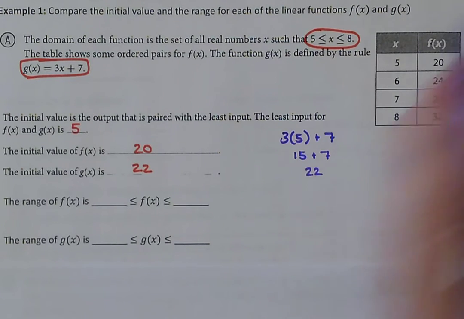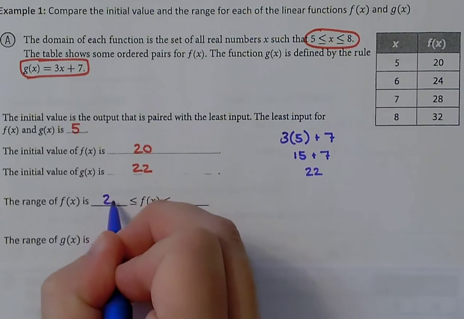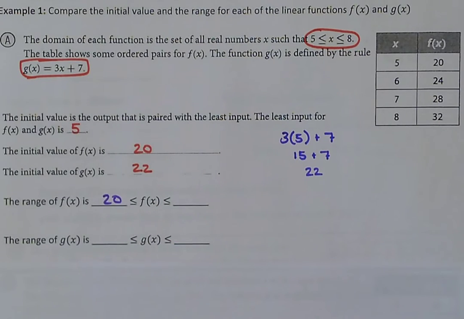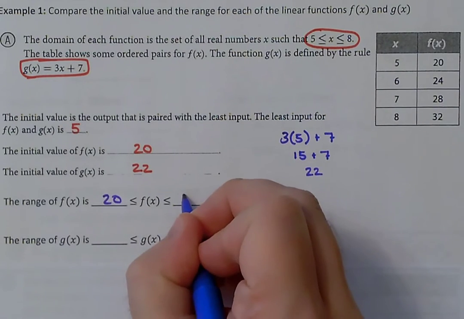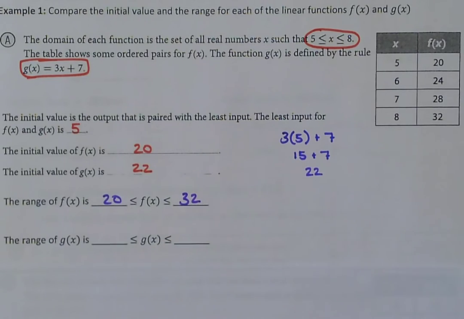So I take my initial value, my smallest number, that's the left side, so 20, and then my largest number is 32, so that's going to be the right side of my range. So my range of f of x is 20 is less than or equal to f of x, which is less than or equal to 32.